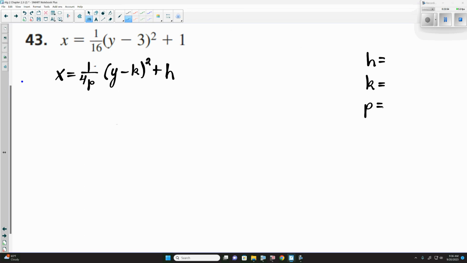Looking at this one here, what is the value of h? Because x equals, the h is now outside, and the k is inside.